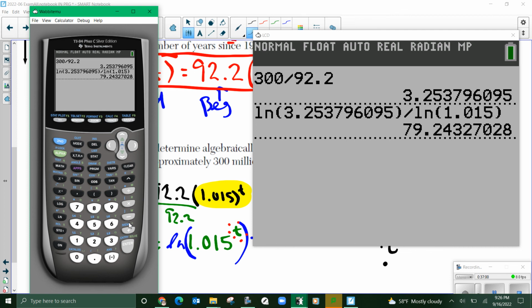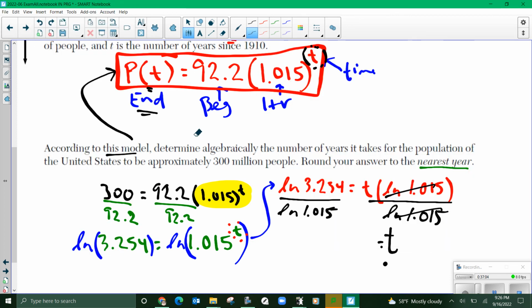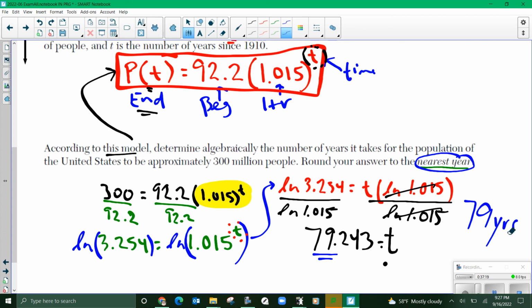We got 79.243. Let's not forget, nearest year. That's a whole number. That will say 79 years. We are done. That was the answer that I came up with when I did this earlier, and it's the answer I have now. It should be. I mean, it's the same math problem.